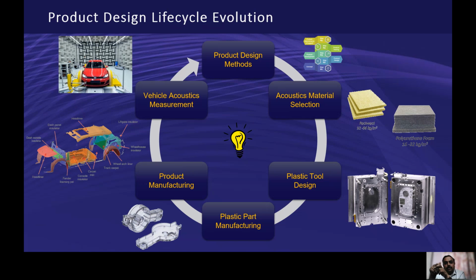You'll have to spend a good amount of time to really understand what it takes to define a product design. And if you look at the acoustics material selection, you have PU foam, rock wool, and some different types of acoustics material which come into the picture. It's not necessary that you develop these acoustics materials yourself or by the organization where you work.